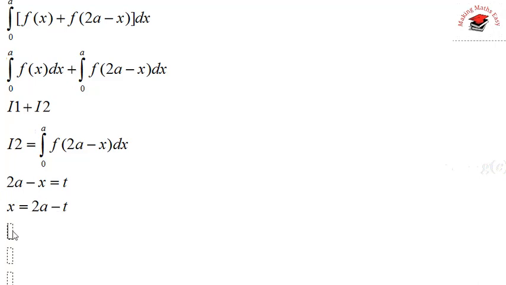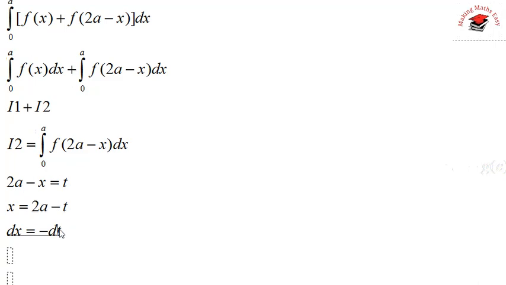My dx will be equal to negative dt, as the derivative of 2a is 0 and the derivative of minus t is minus dt. So instead of dx we will write minus dt, and instead of 2a minus x we will write t, and instead of x we will write 2a minus t.